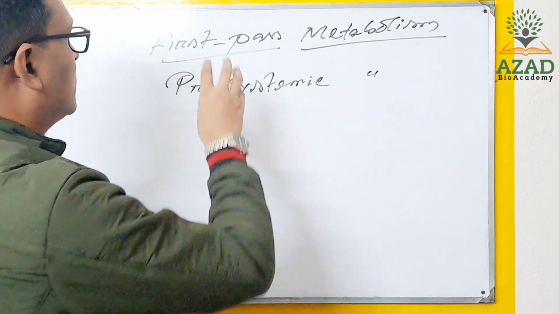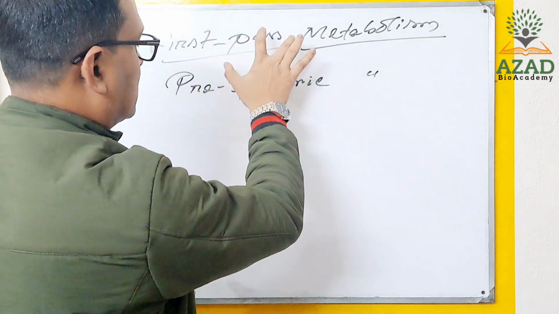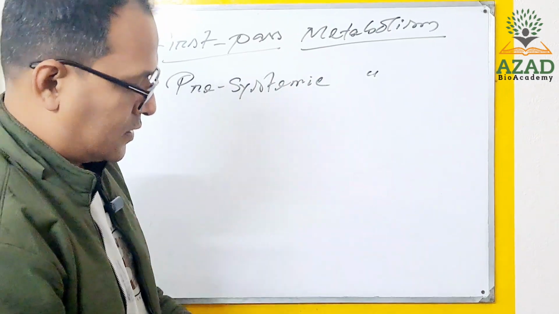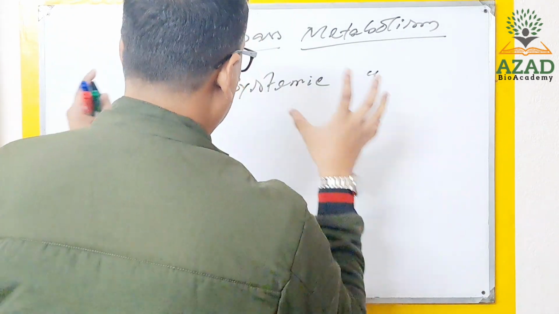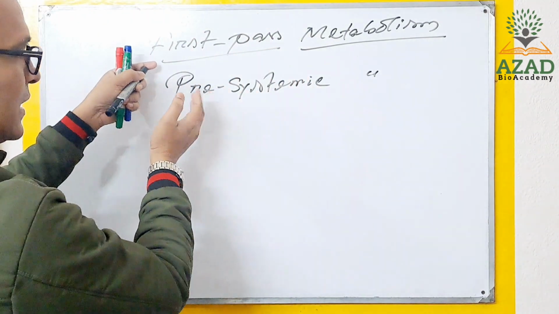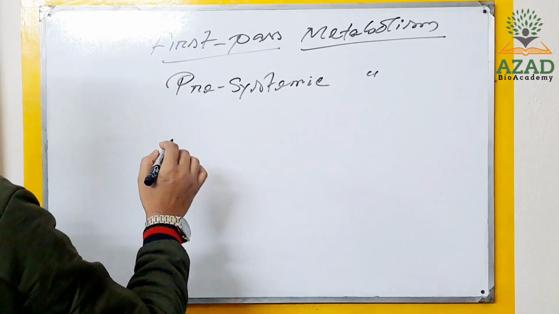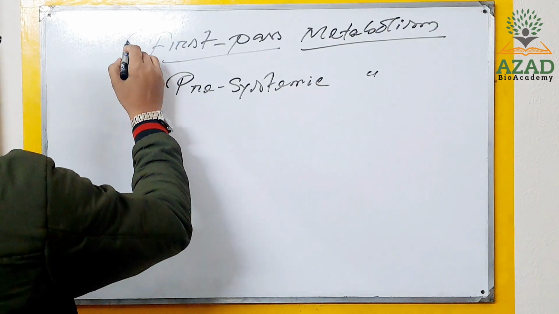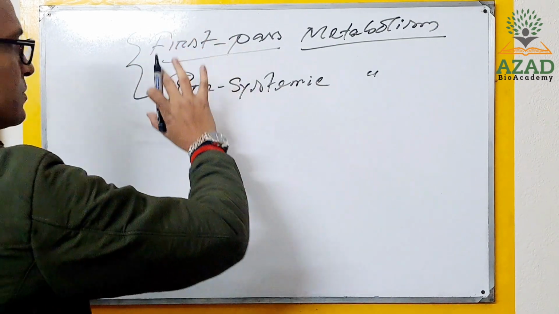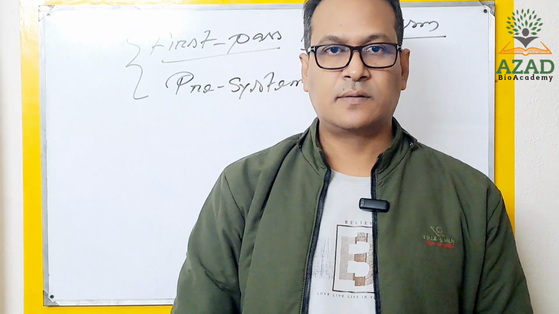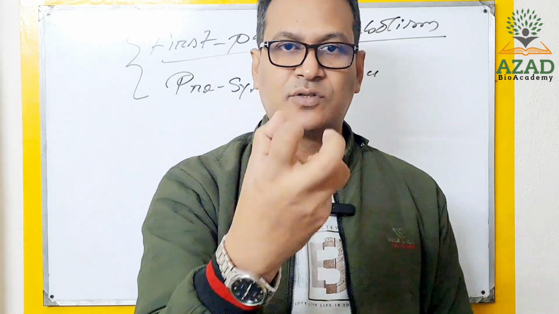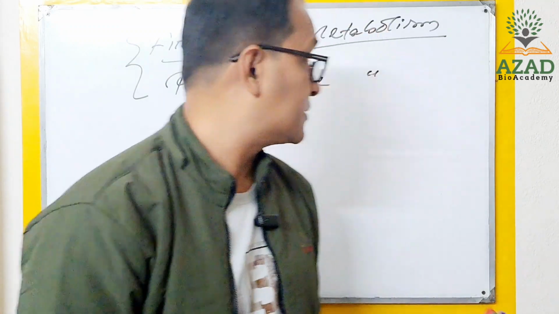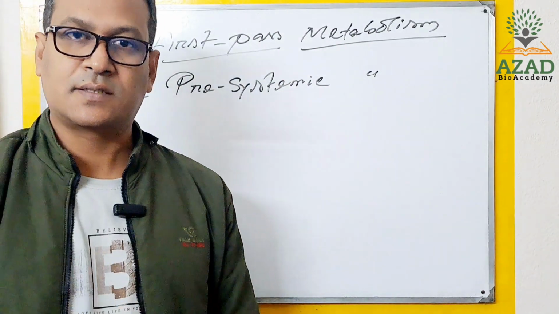Before going to discuss the first pass, I will try to give you some details by drawing a picture, and then we will try to find out the differentiation, and then finally we will go for further activities. Okay, so firstly I will say first pass metabolism is basically considered for oral administration. That means for the oral route, when you take a drug orally, then first pass metabolism can be a matter of discussion.